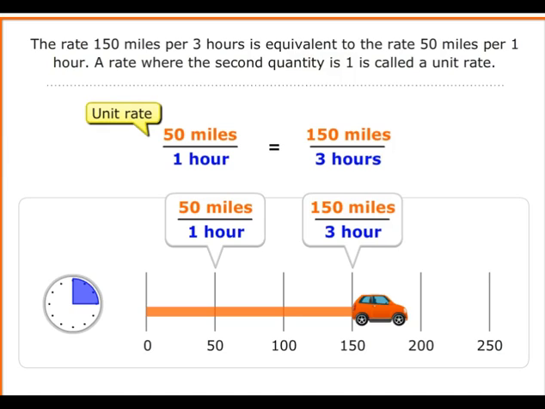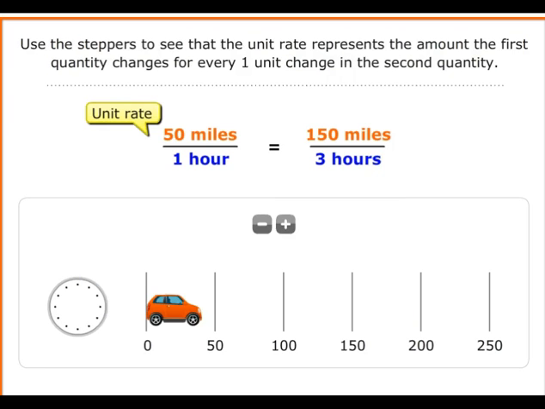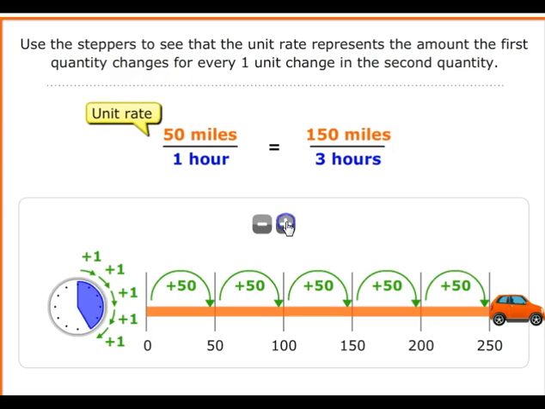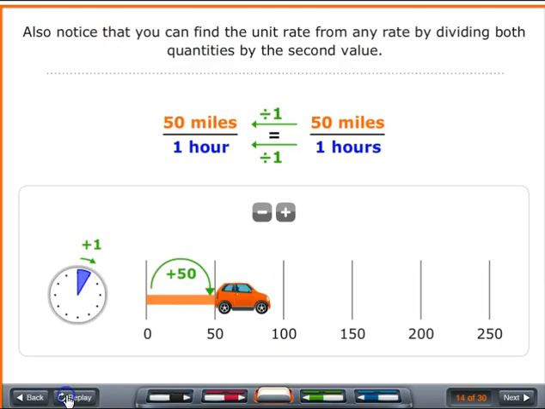The rate 150 miles per 3 hours is equivalent to the rate 50 miles per 1 hour. A rate where the second quantity is 1 is called a unit rate. Use the steppers to see that the unit rate represents the amount the first quantity changes for every 1 unit change in the second quantity. Also notice that you can find the unit rate from any rate by dividing both quantities by the second value.